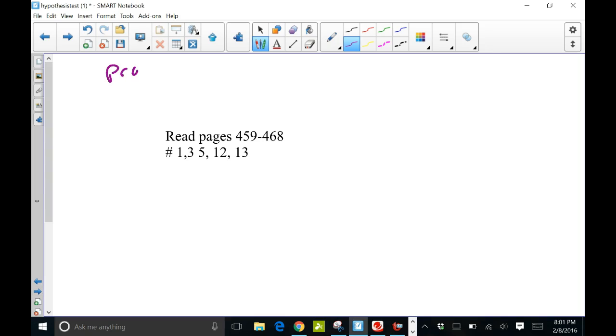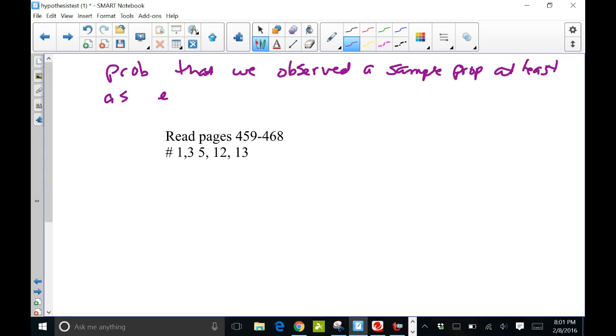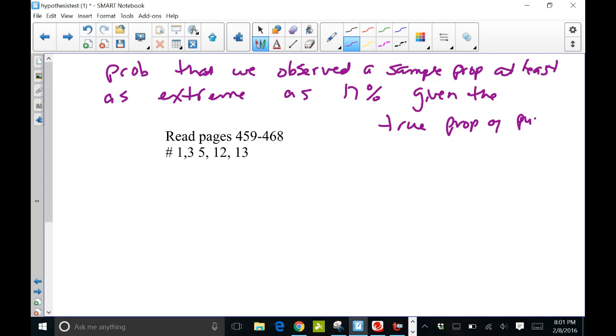It's saying the probability that we observed a sample proportion at least as extreme as 17% in either direction, so at least as extreme could be too high or too low, given the true proportion of purple is 20%, is about 44%.